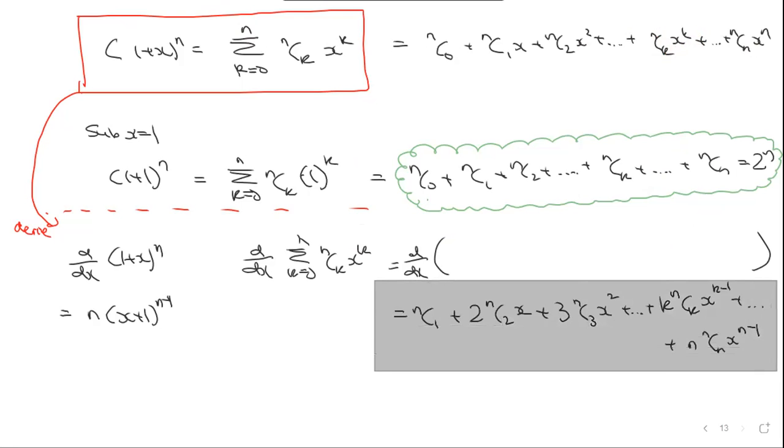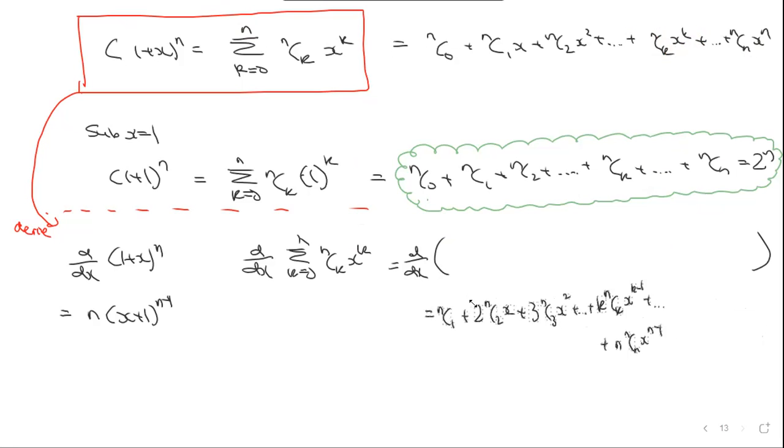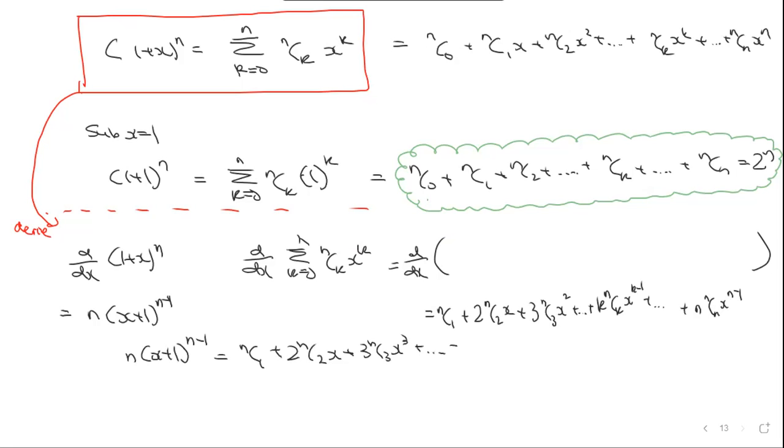So now that I know that, I have a new identity. My new identity is n times (x plus 1) to the n minus 1 equals nc1 plus 2 nc2 x plus 3 nc3 x squared plus dot, dot, dot, plus n ncn x to the n minus 1.